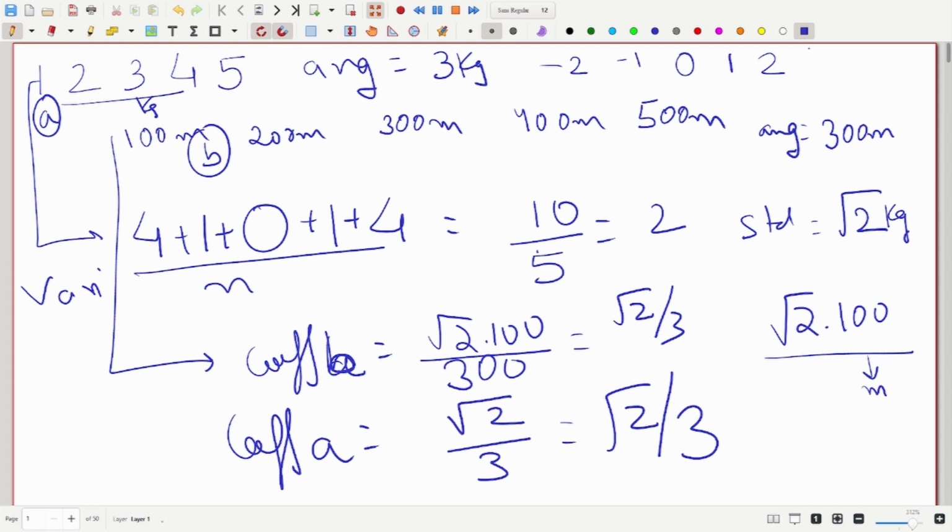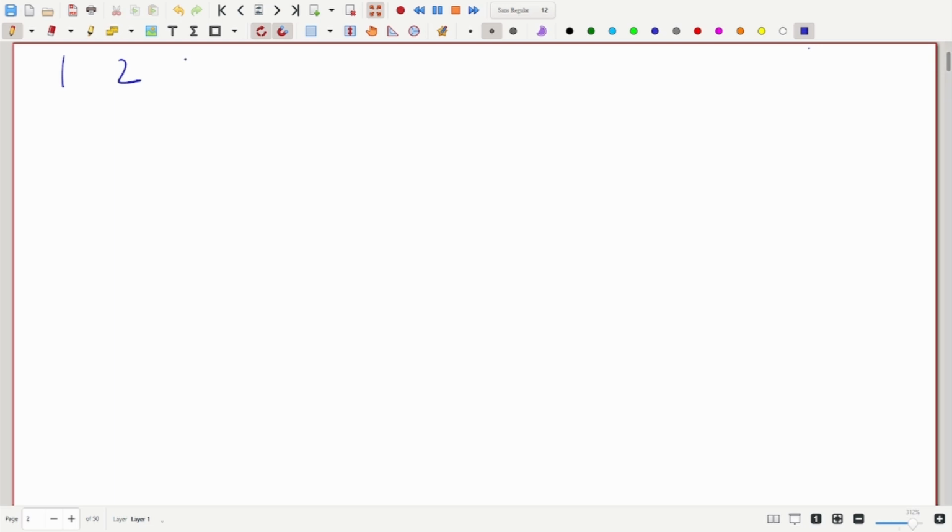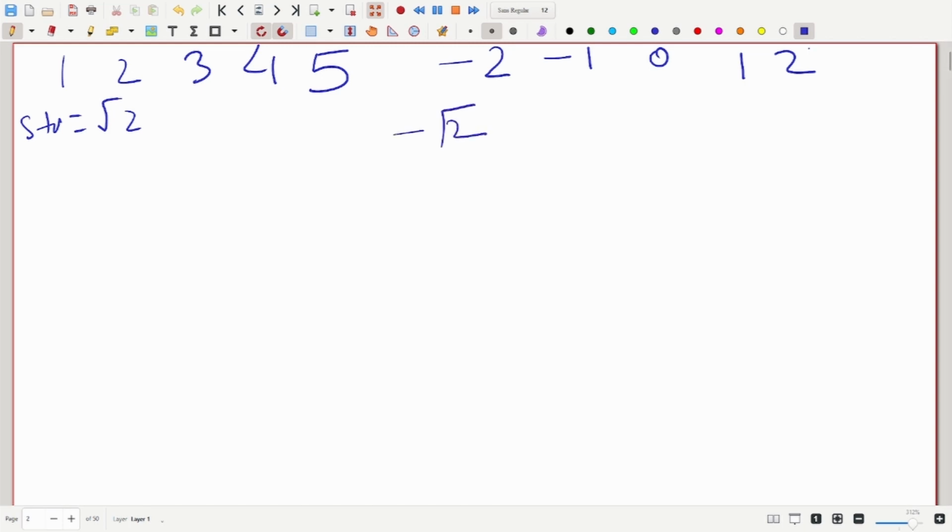So, as we talked, let us come to 1, 2, 3, 4, 5. We are standardizing data. So, the mean center data is minus 2, minus 1, 0, 1, 2. Our standard deviation is root 2. So, our mean center data becomes minus root 2, minus 1 by root 2, 0, 1 by root 2 and root 2.